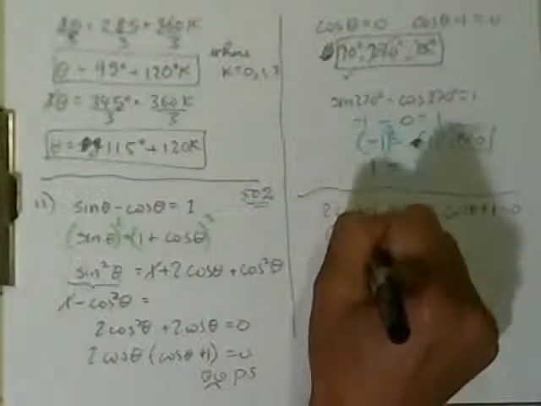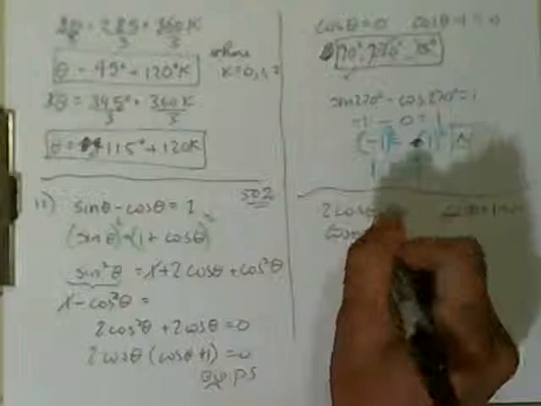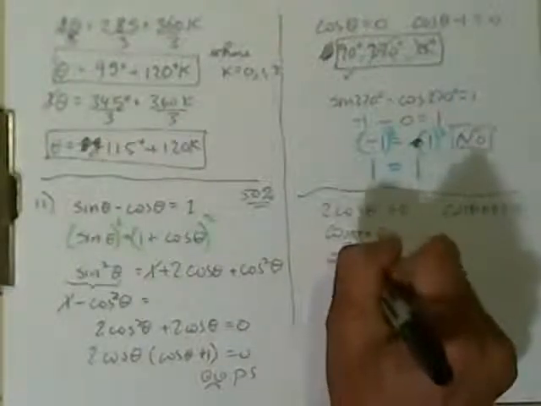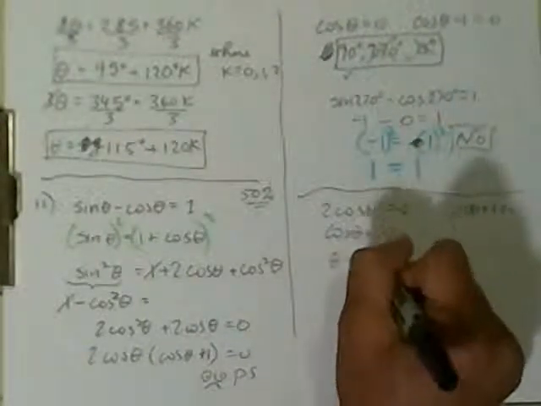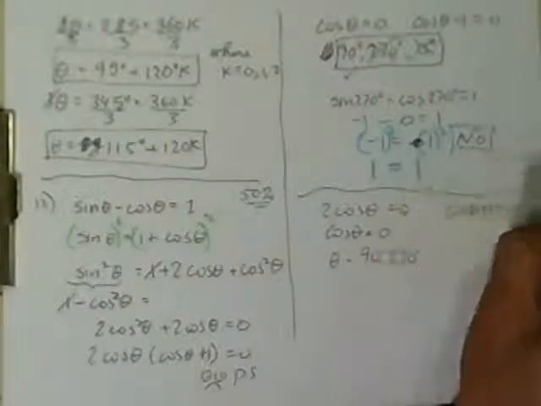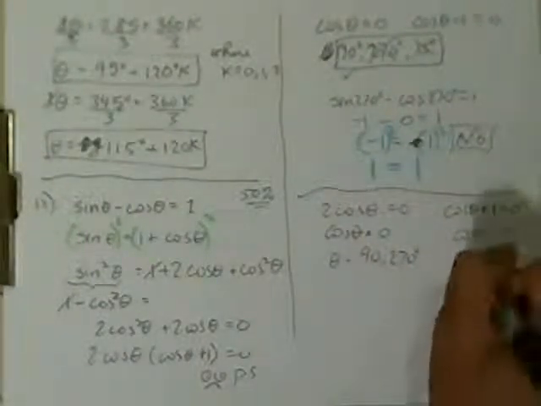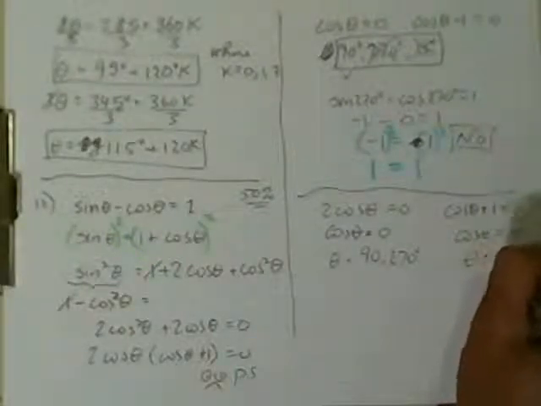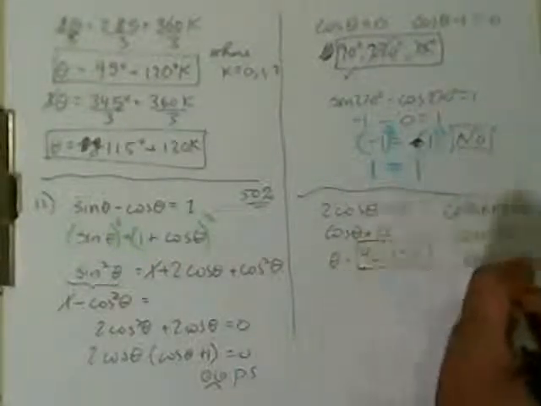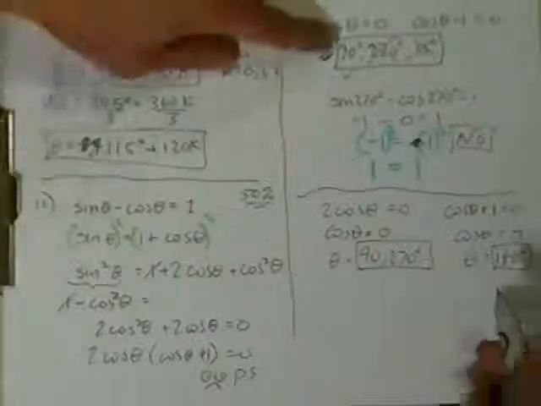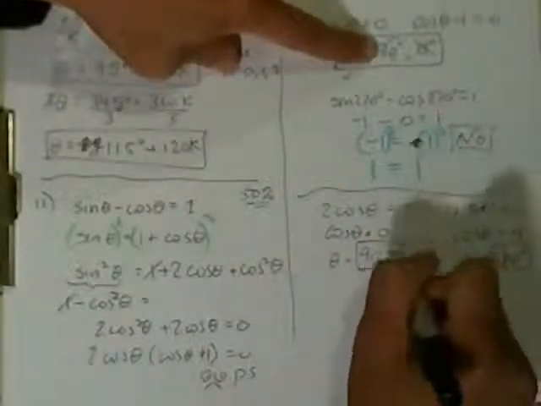Cosine of theta is equal to 0 at theta equal to 90 and 270. And cosine of theta equals negative 1 at theta equals 180 degrees. So it should have been 90, 270, and 180. We checked 90. We knew that 270 didn't work.